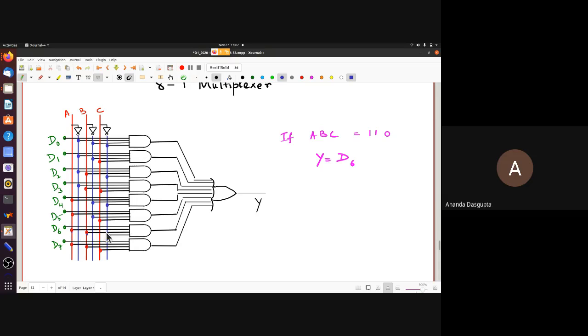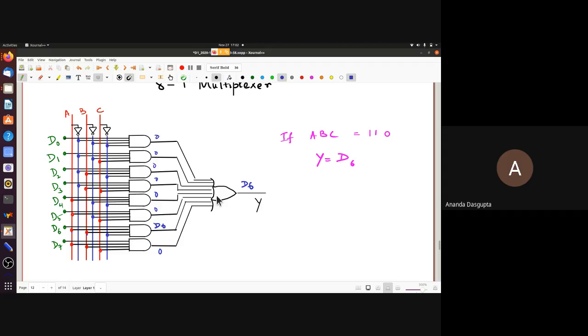So 1, 1, 1 are the 3 inputs this gate gets, and the last input is D6. So the output of this gate is D6. The outputs of all the other gates are 0, because at least one of the ABCs is going to give you 0 as an input for that. And now, when you OR them, the output is D6.